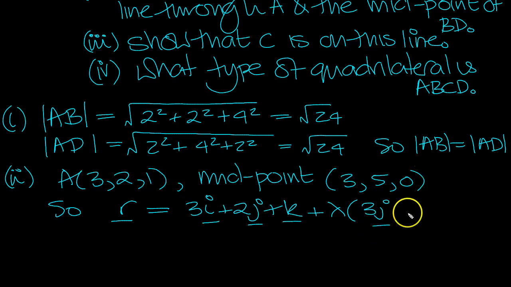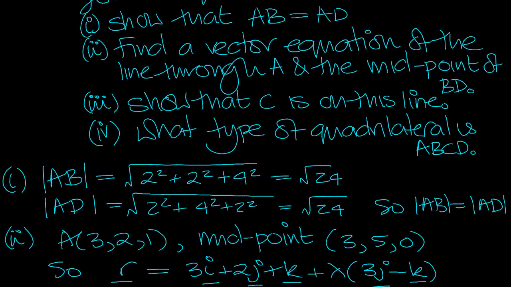And then 0 minus 1 is minus k. So let's just check that again. A, 3i plus 2j plus k, plus lambda times the difference, the directional vector from A to the midpoint is 3 take 3 is 0, so there's no i's. 5 minus 2 is 3j, 0 minus 1 is minus k. So there's the vector equation of that line.